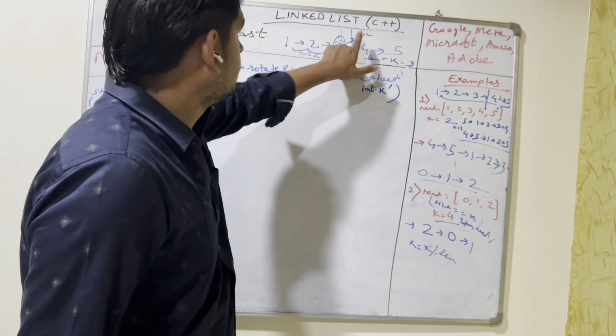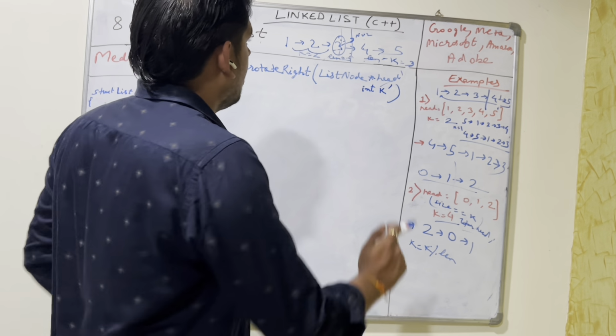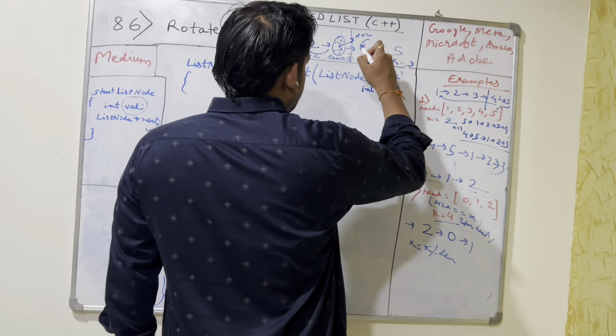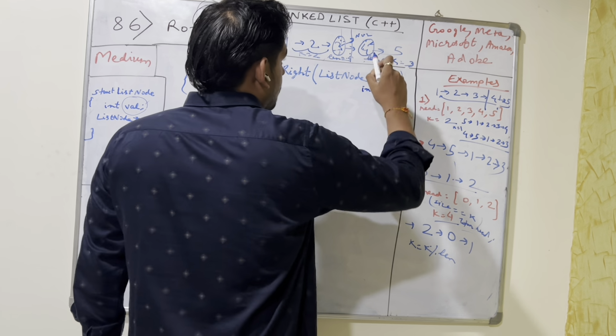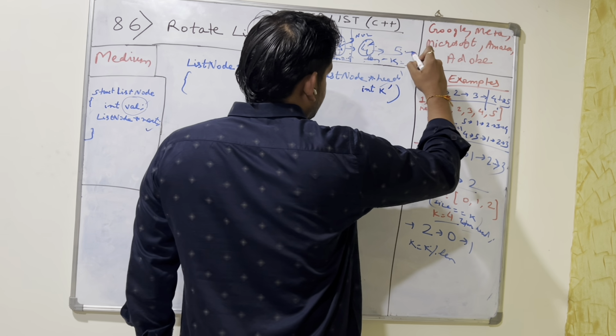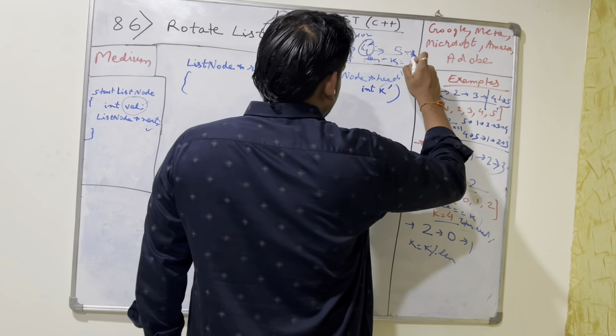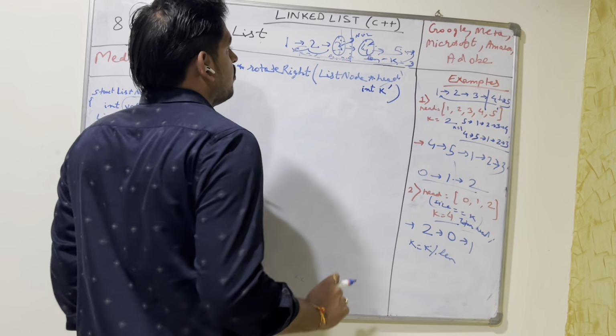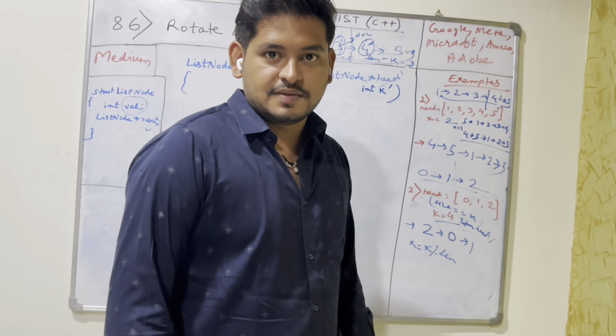So this part is finished. Before pointing this to null, we have to be at 4 so that we can handle its next, and then this null should point to head. So we will get our rotated list.